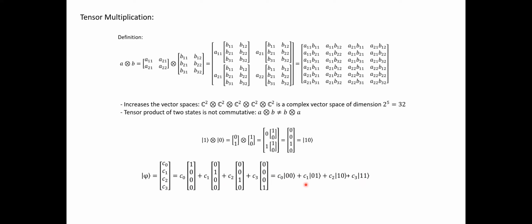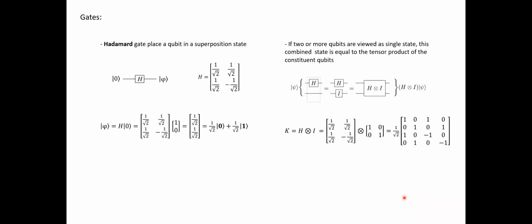Of course, C0, C1, C2, and C3 are complex numbers, and the sum of the squares of their moduli is equal to 1. With this, we can now think about more qubits, like 1, 2, 3, and also increase the size of the gates, the operations.